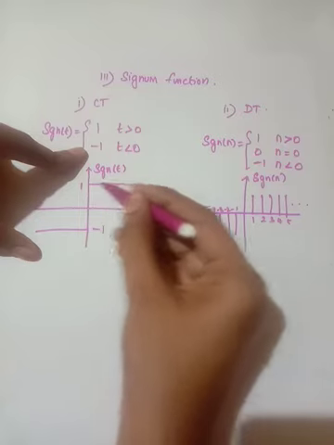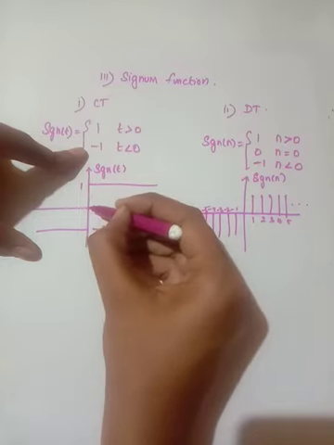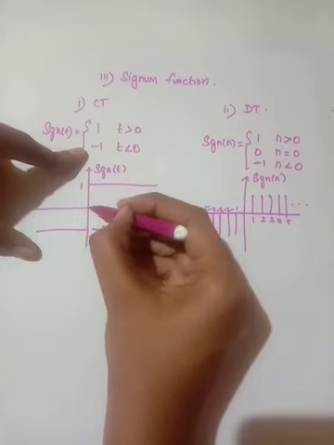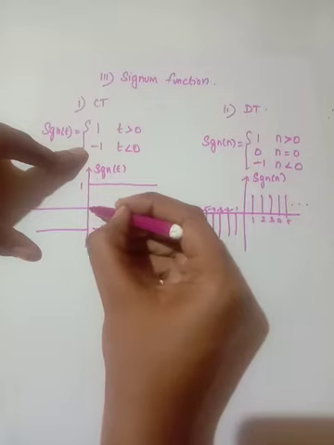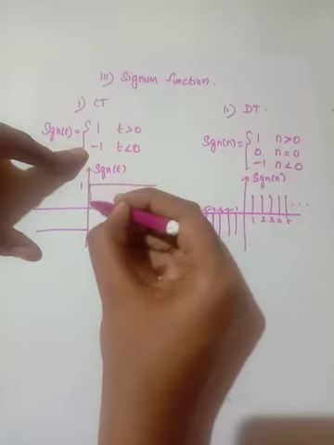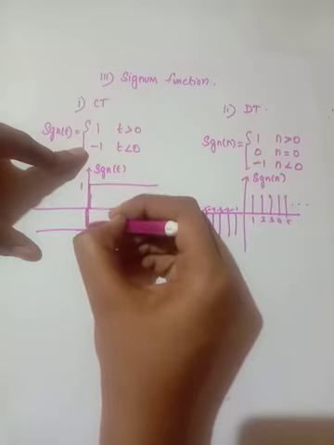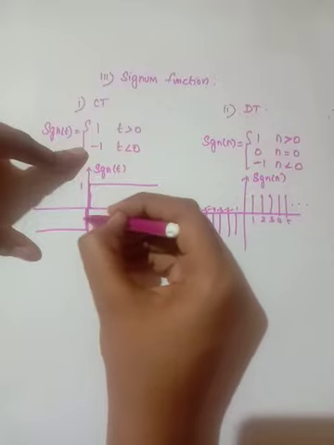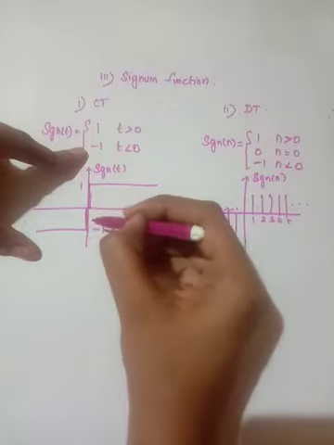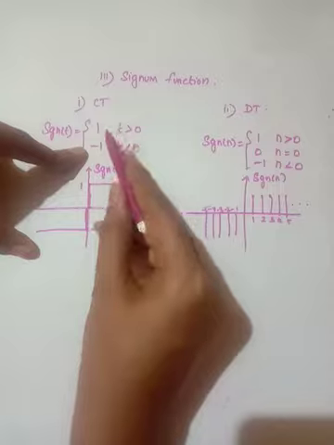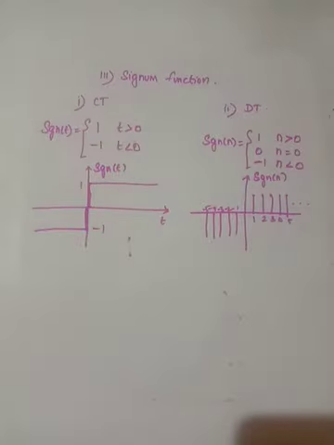For t greater than 0, it is 1 right from just after the 0 point, and from just before it, like minus 0.0001, the value is minus 1. So signum of t can be represented like this.